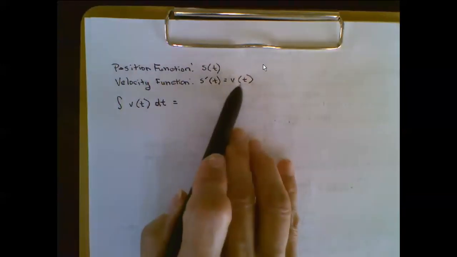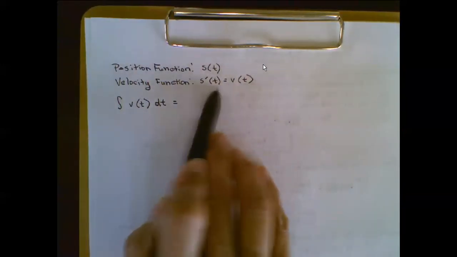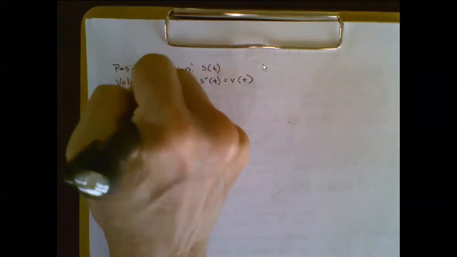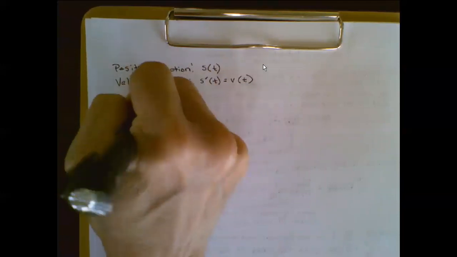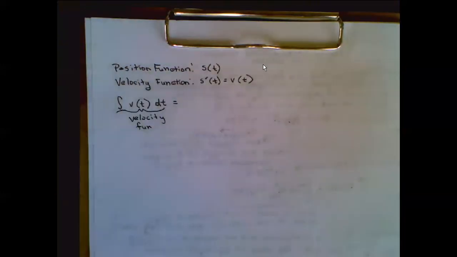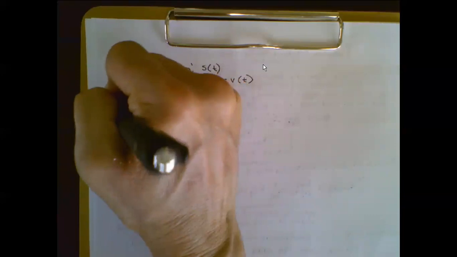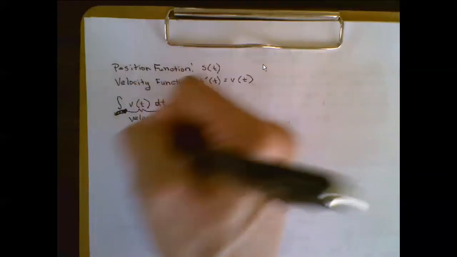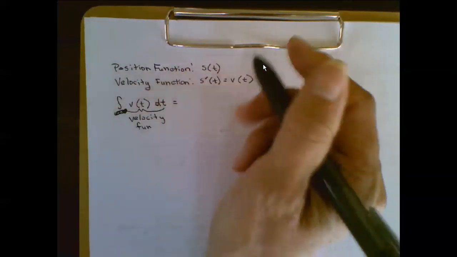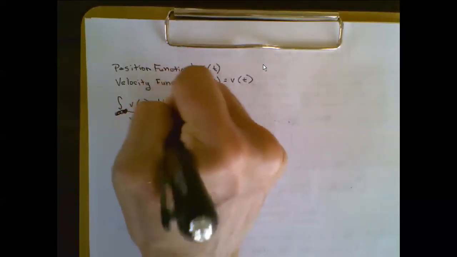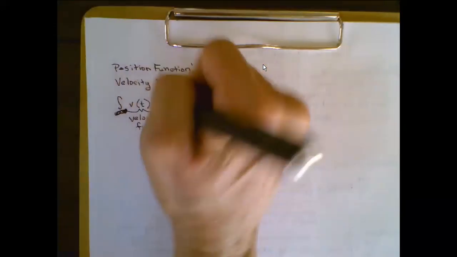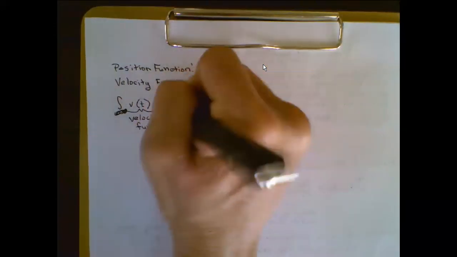If we anti-differentiate the velocity function, really, I didn't mean to make that brace include the integral sign. If we integrate the velocity function, we should get back the position function.